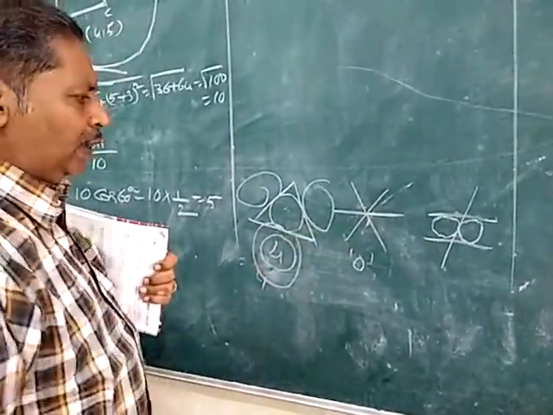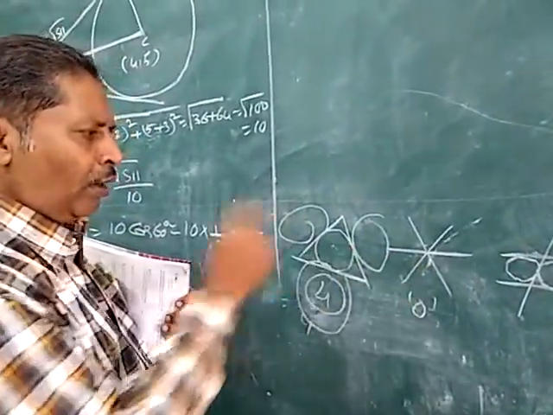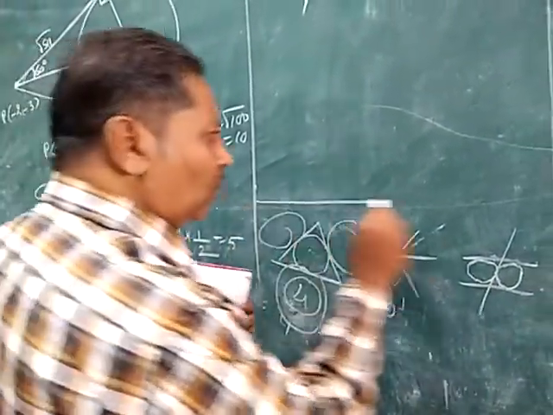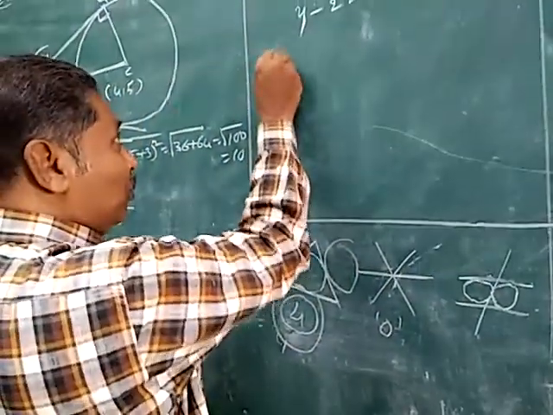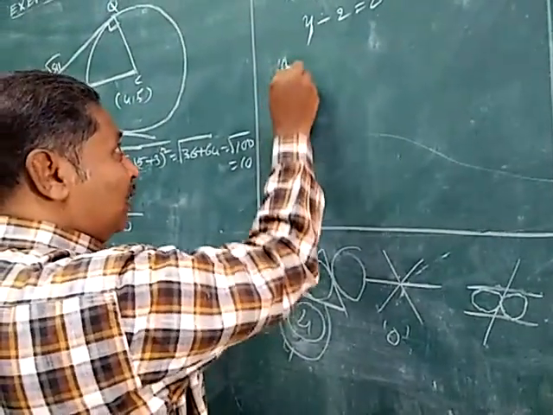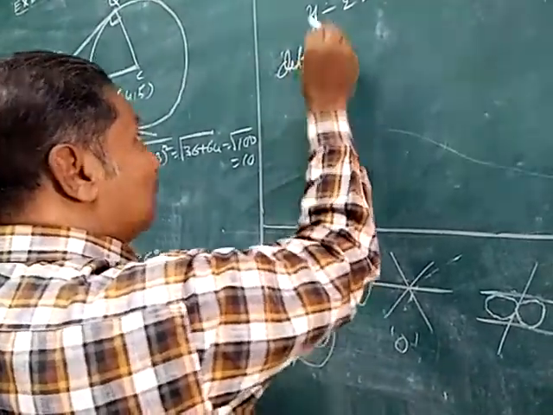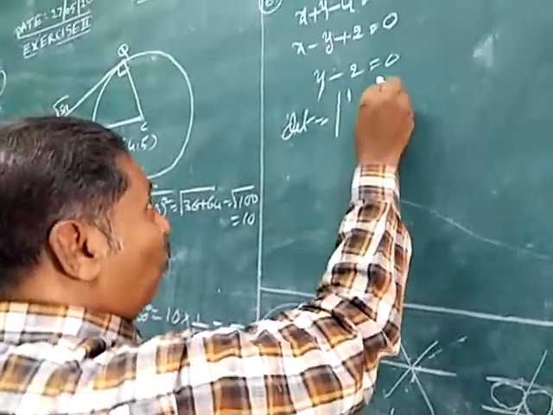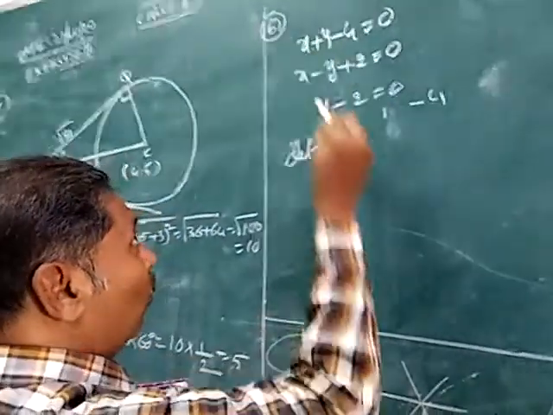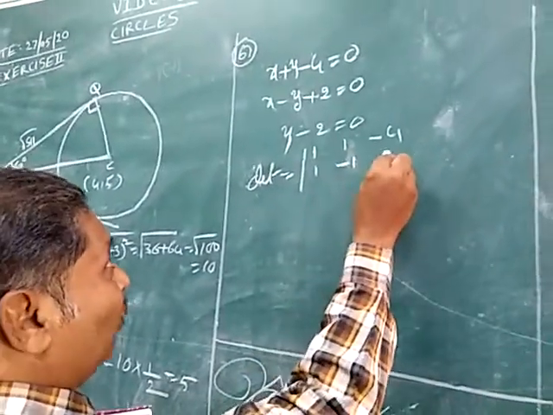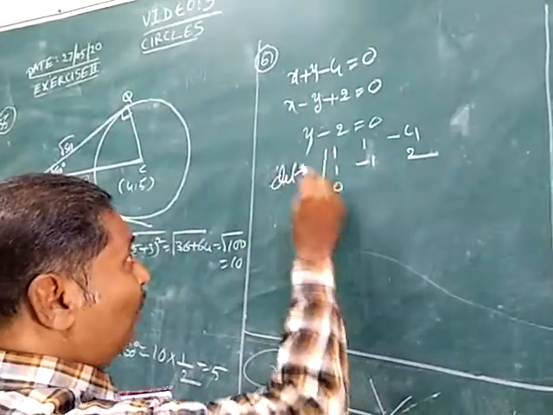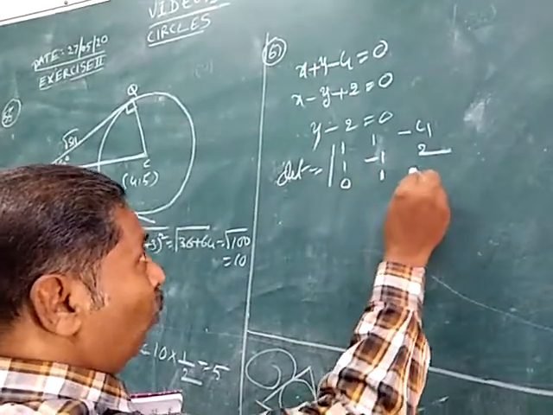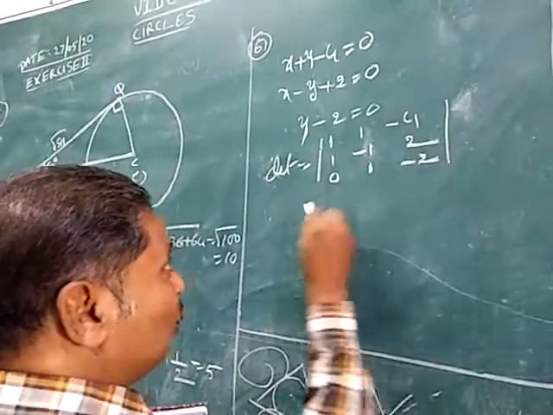So how to find if they are concurrent lines or non-concurrent lines? Calculate the determinant, equal to the modulus of 1, minus 4, 1, minus 1, 2 for the x value, 0 for the y value, 1, constant minus 2.